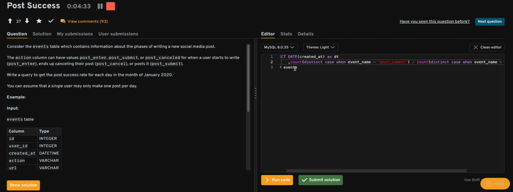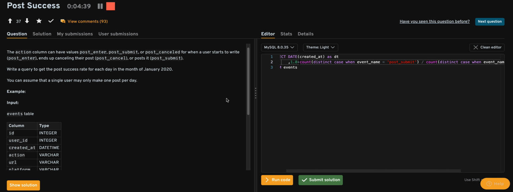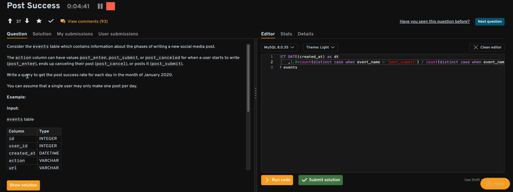This one is a division between two integers, so if we want to make it a float, we should do it like this. There's no specific requirement for percentage or float.